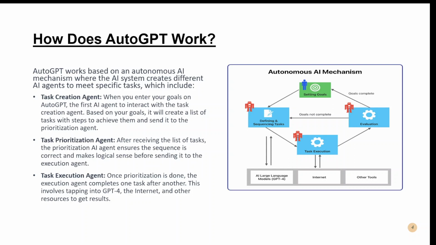The actions of the AI agent are also shown in the user interface by categorizing them into four groups: thought, reasoning, plan, and criticism. First, the AI agent shares thoughts after completing a task, then comes reasoning, which explains why the AI agent is doing what it's doing.